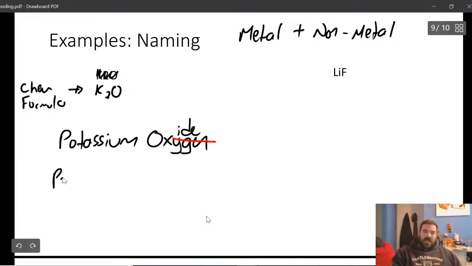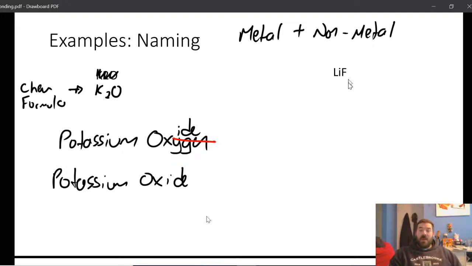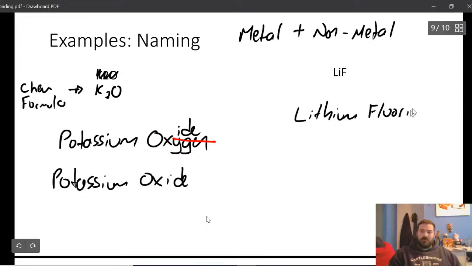So this is going to be potassium oxide. And this is going to become lithium, not fluorine, because fluorine is going to become an ion. It's going to be lithium fluoride.